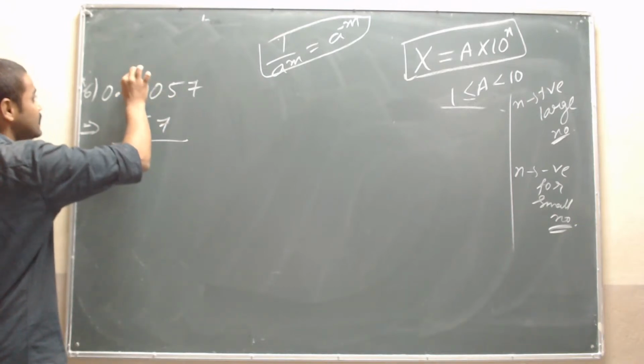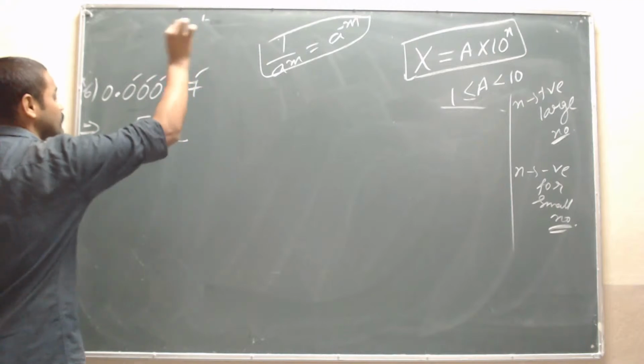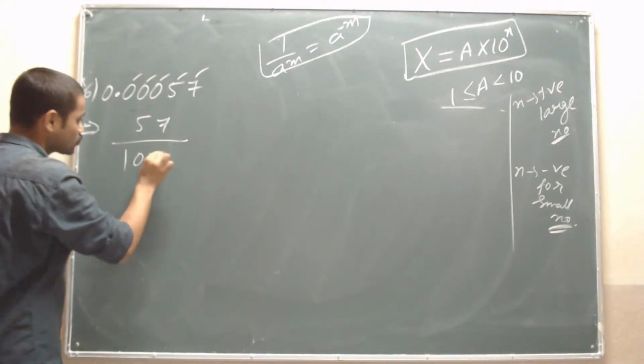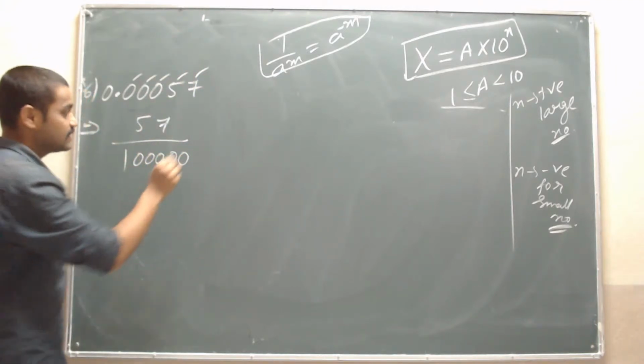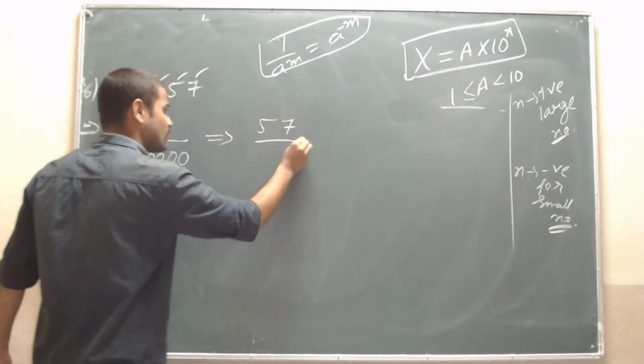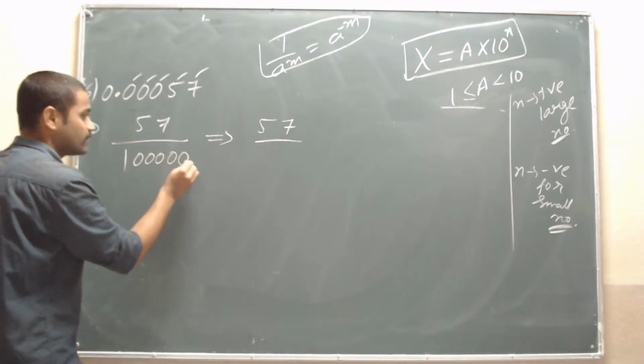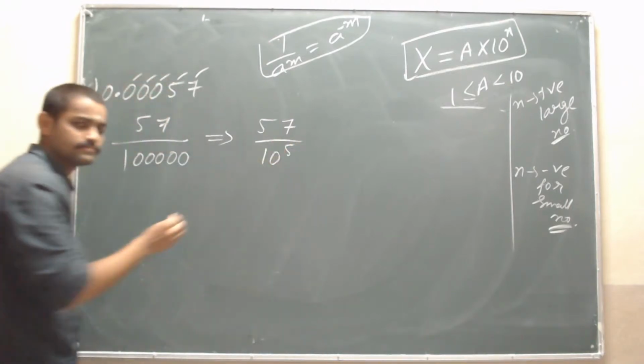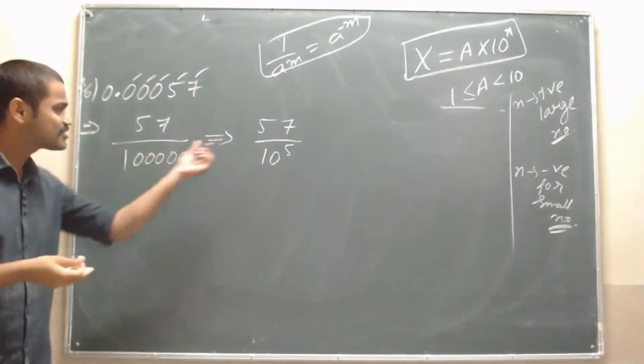Sir, how many numbers are there? 1, 2, 3, 4, 5. How many zeros? 1, 2, 3, 4, 5. Then again 57 by 1, 2, 3, 4, 5. Clear? 5 zeros, so we put 5.